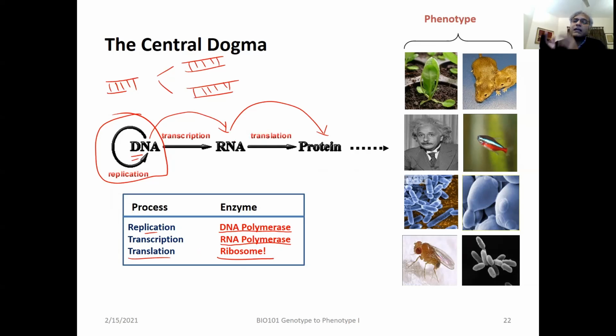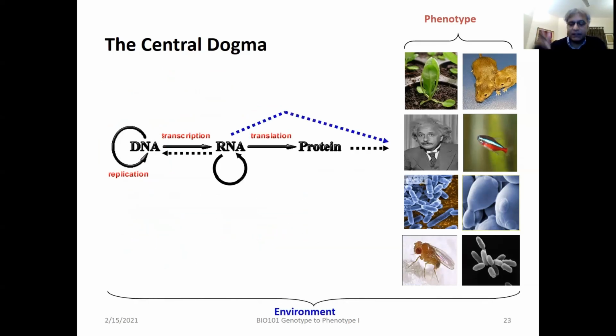However, there are some exceptions to this central dogma, and that is RNA. There are organisms and viruses which break this central dogma. For example, COVID is an RNA virus. It does not have DNA, and it can synthesize proteins, and its genome is comprised of RNA.